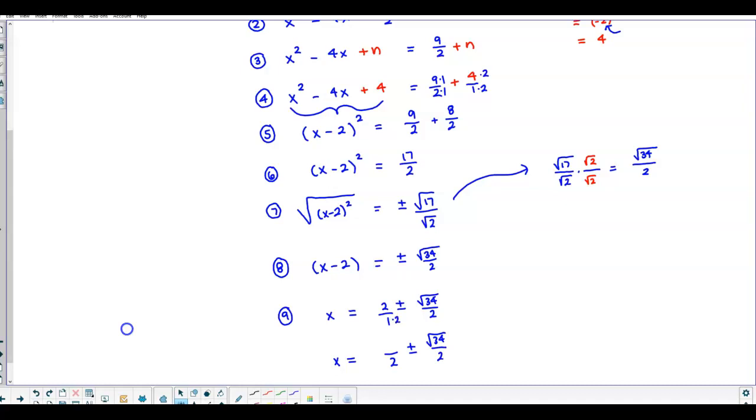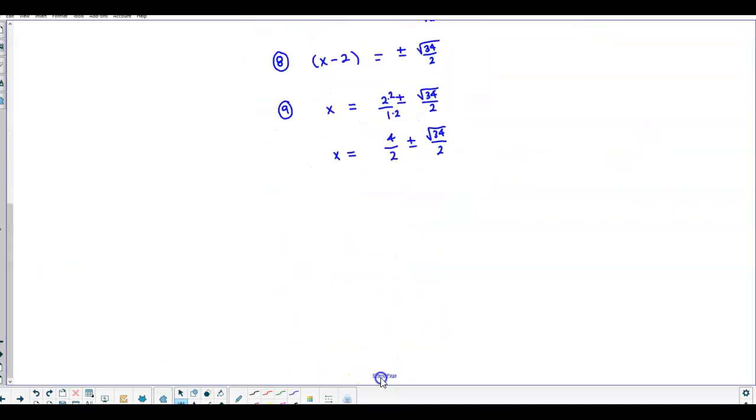So 1 times 2 is going to give us 2. 2 times 2 is going to give us 4. And so therefore, we can rewrite this all over the same denominator. So it's going to equal 4 plus or minus the square root of 34 over 2.